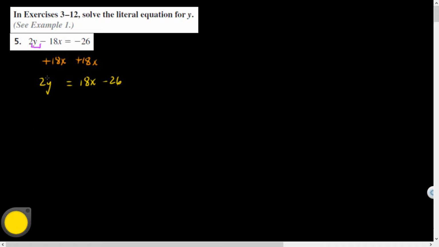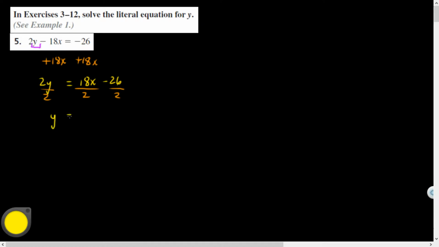Now to undo what's happening to y, it's being multiplied by 2. The inverse would be, of course, divide by 2, which you could write as one big fraction. But in this case especially, I noticed that these terms are both even, therefore divisible by 2. So you can write divide by 2 for both of those.